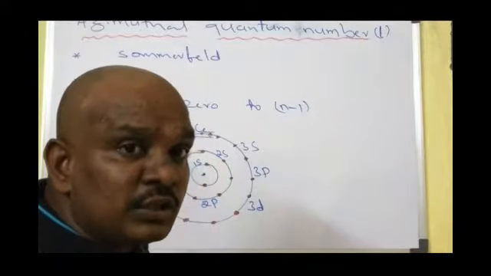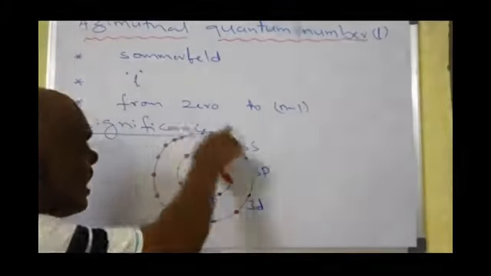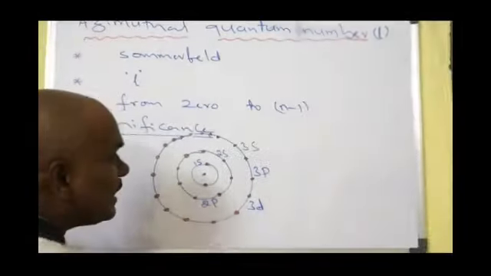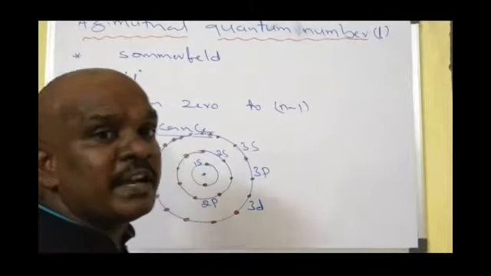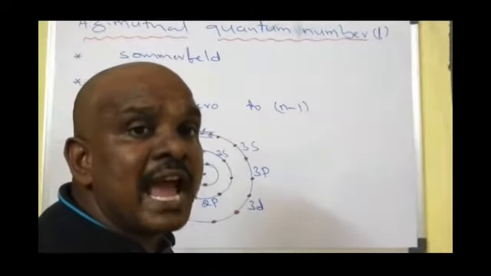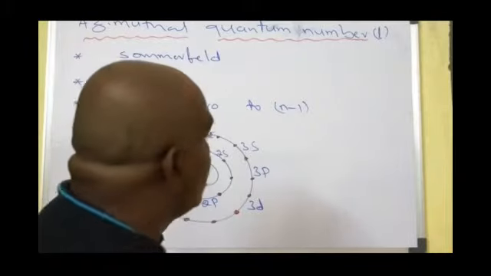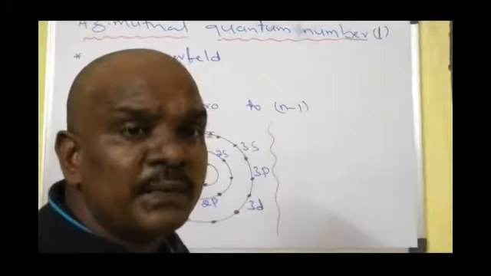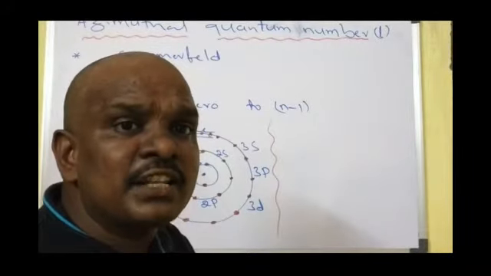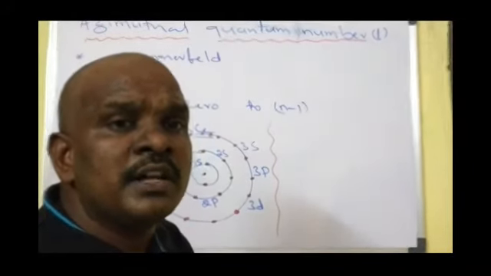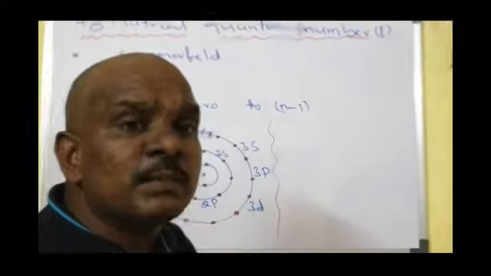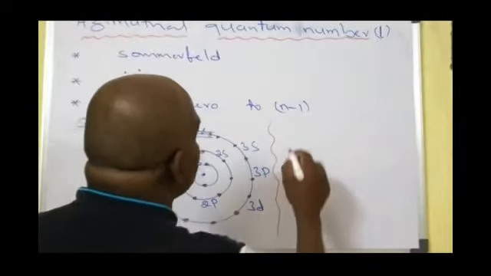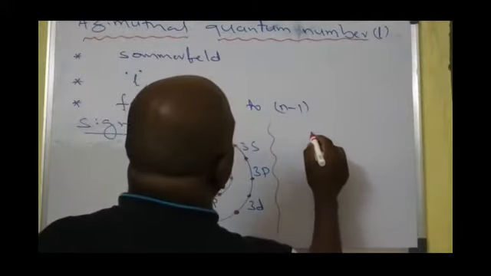And it is also used to explain the angular momentum. That's why it is said to be the angular quantum number. The main use of this azimuthal quantum number is that it is used to explain the angular momentum.